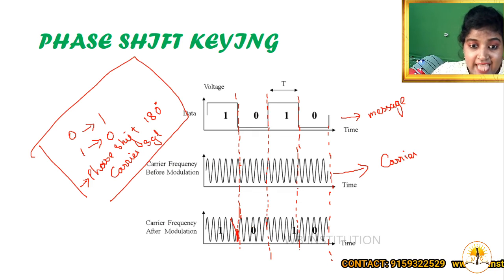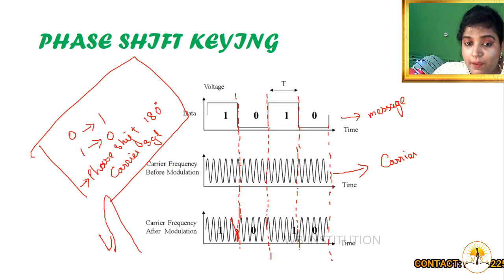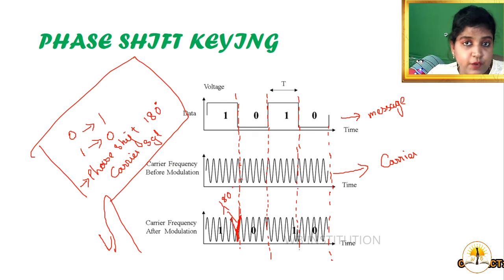Actually the signal has to come like this, but it starts again, showing a W-like structure. Why? Because it shows a phase shift of 180 degrees in this area.